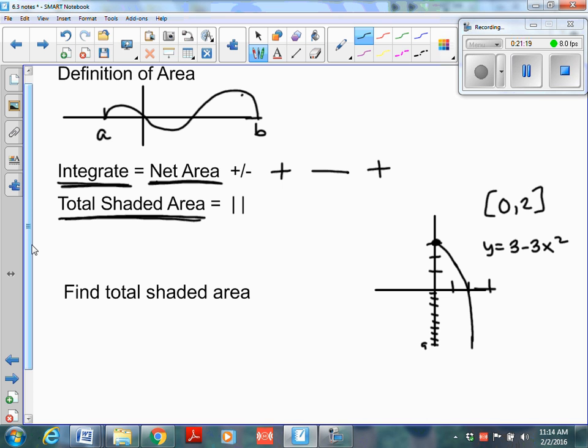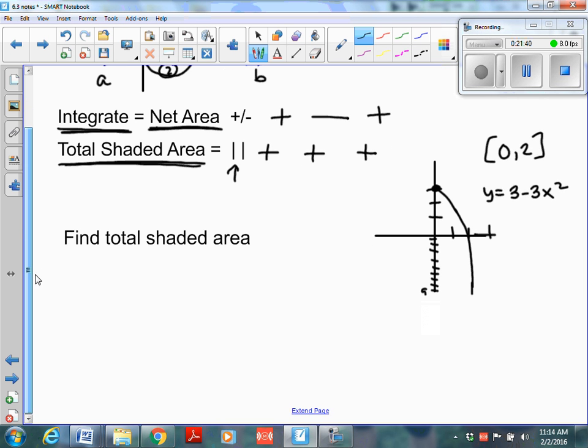That's called net area. When you do total shaded area, do you notice that there are 3 sections? First section, second section, and third section. You need to take them all and make them positive, or basically absolute value is what those 2 little lines stand for. Absolute value.